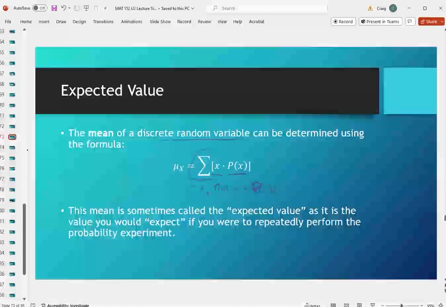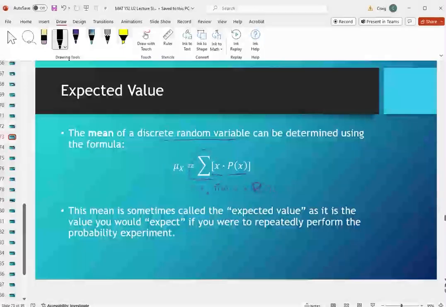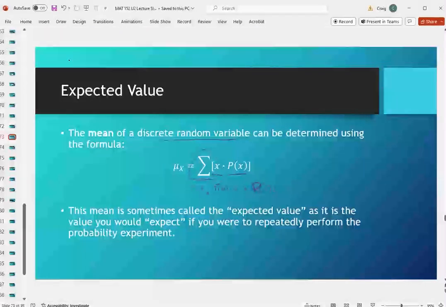It's relatively straightforward when you are just trying to calculate it from data, as you'll see in the next section, because there's no dividing. You just multiply the two together and add them up. And we write this mean with a little x beside it. That's the expected value of x. It's the expected mean of x, the expected average value, if you will.